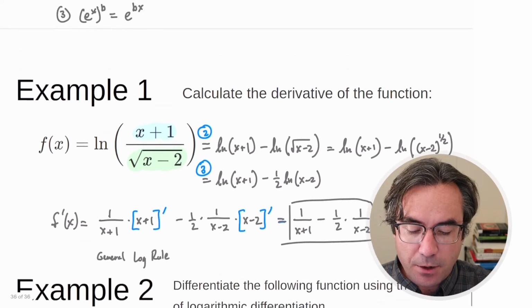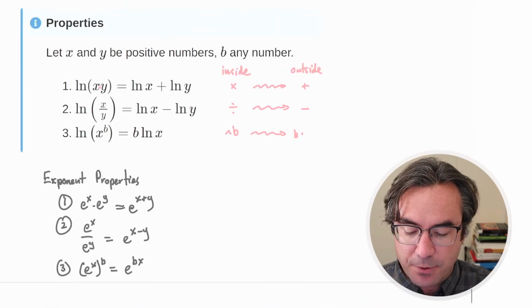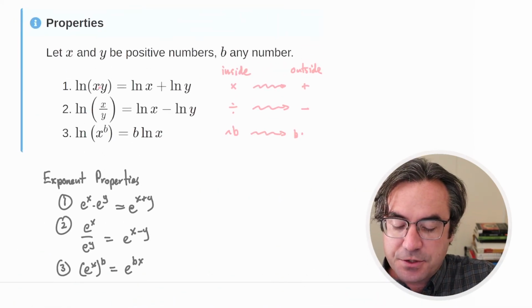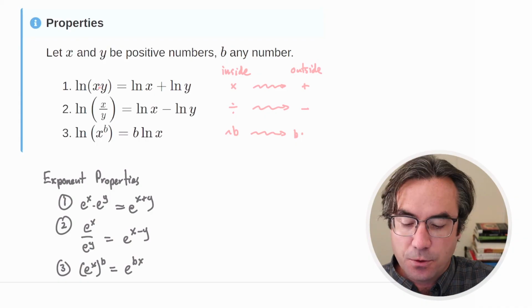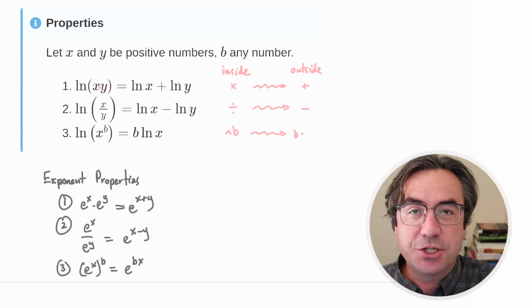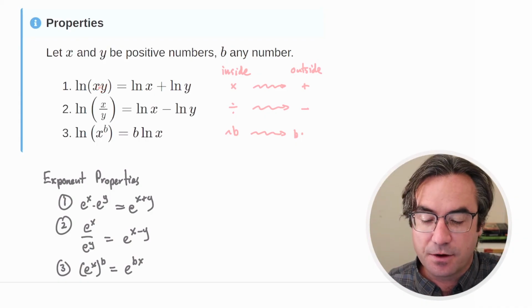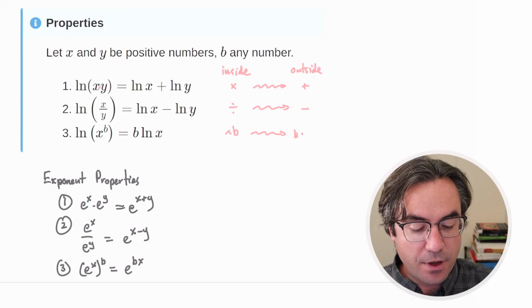Now, one more thing before we go. Just going back up to our properties here. These properties, there's only properties if we have multiplication or division or exponents. So there's no properties if we have addition or subtraction inside the log function. So probably worth a mention here.